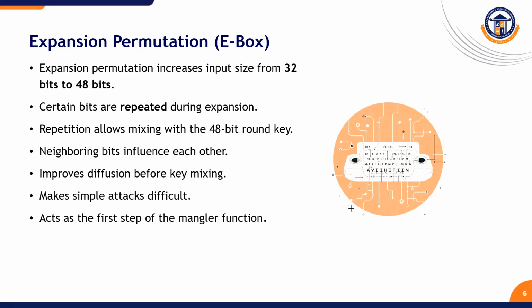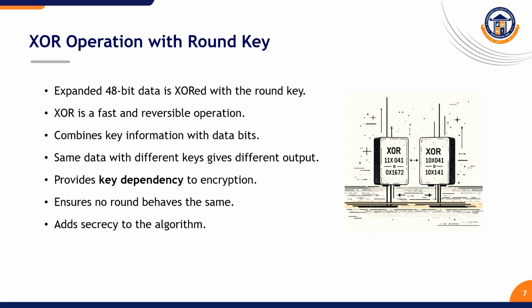After converting to 48 bits, the 48-bit key value is XORed with the 48-bit plain text half. After the XOR, it gives more security in that step. It provides key dependency to the encryption, so it gives more secrecy to the algorithm.